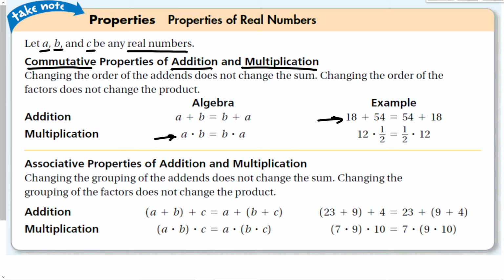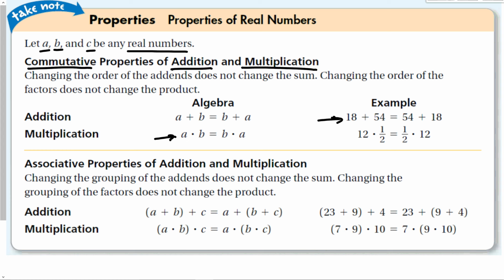We'll talk a little bit about subtraction and division a little bit later, but let's talk about the associative properties first. Okay, so the associative properties of addition and multiplication says that changing the grouping of the addends does not change the sum, or changing the grouping of the factors does not change the product.